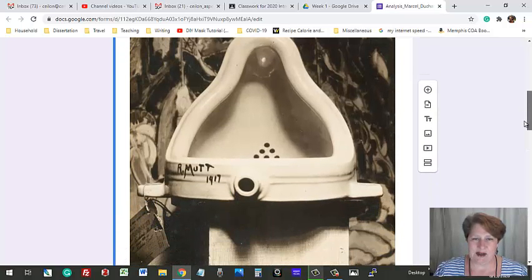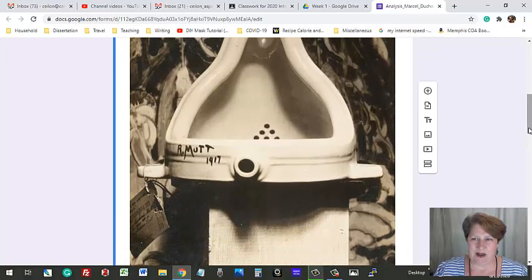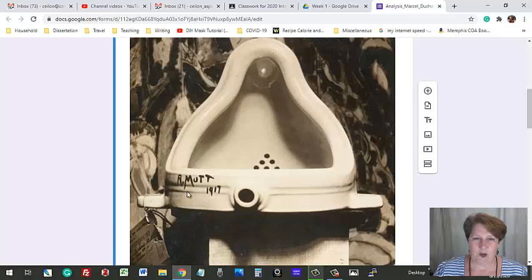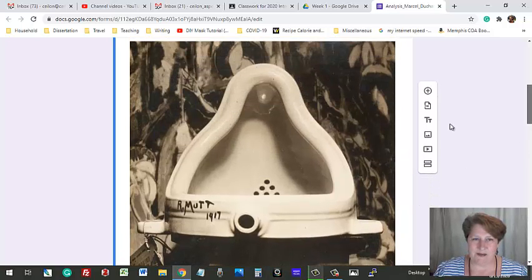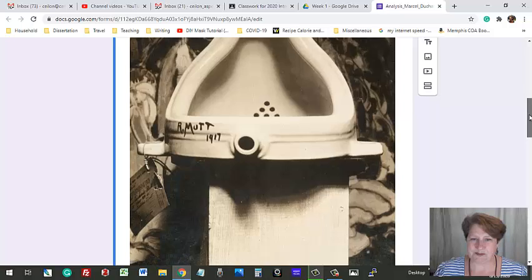So value shows up in the artwork because we have this white urinal that has shades of gray that are defining it in 3 dimensions, and it's sitting on another white object, this pedestal, and we see shading under there. There's a lot of contrast there, and in the background we see lots of different shades of white and gray and black.